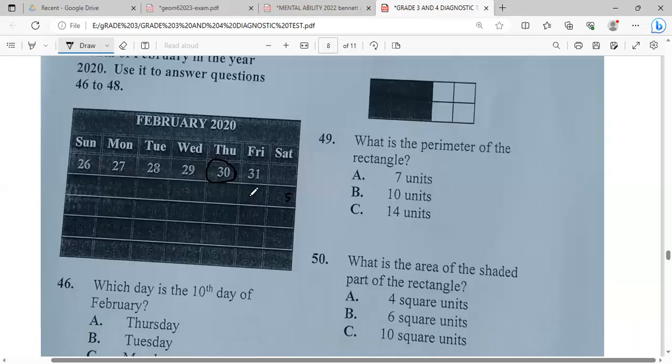The 24th would have been, 21, 20, 19, right? And then it would have been the 18th, 17th, 16th, 15.